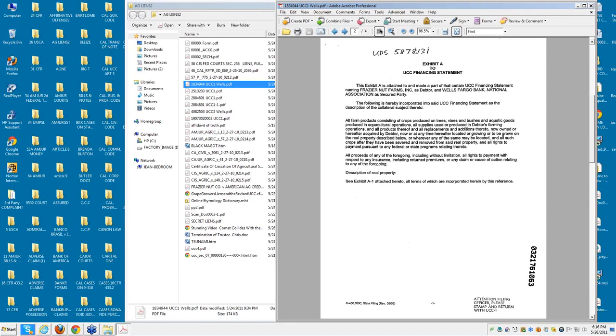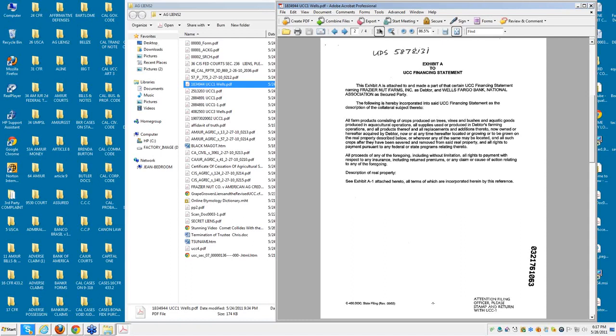This exhibit is attached to and made a part of the certain UCC financing statement naming Fraser Nut Farms, Inc. as debtor and Wells Fargo Bank National Association as secured party. The following is hereby incorporated into said UCC financing statement as the description of the collateral subject thereto.